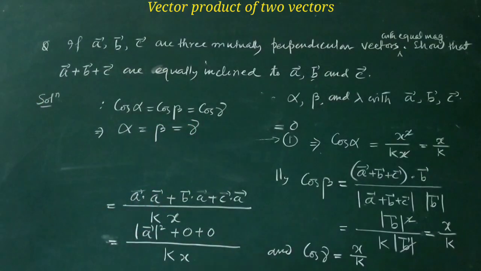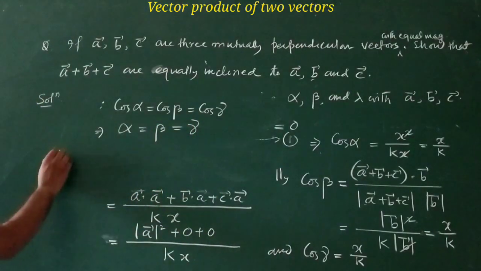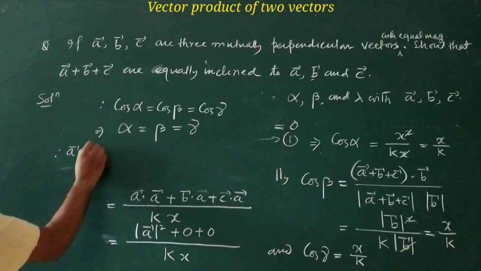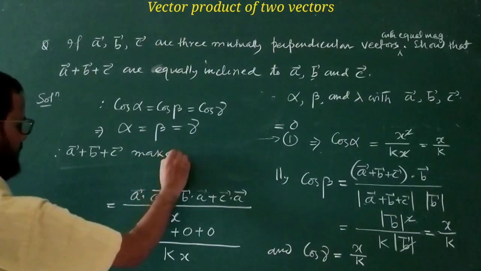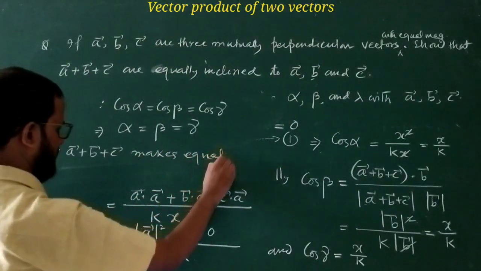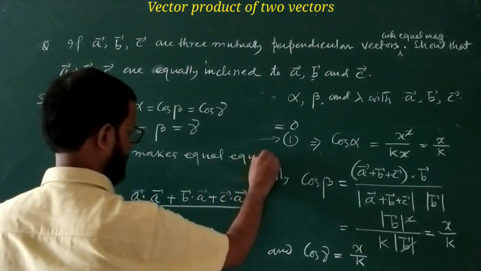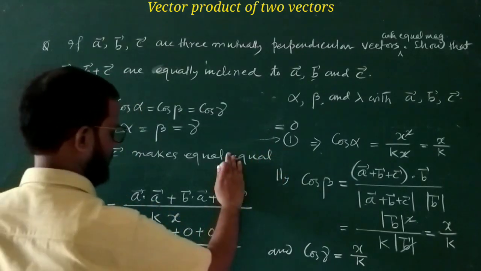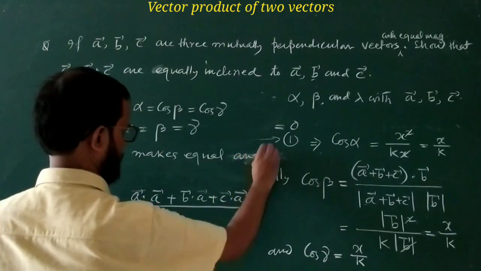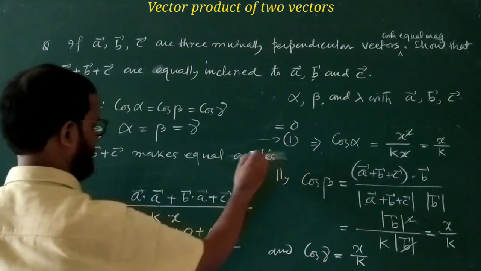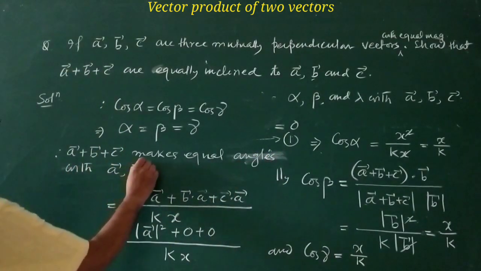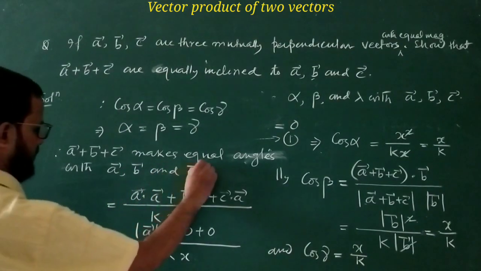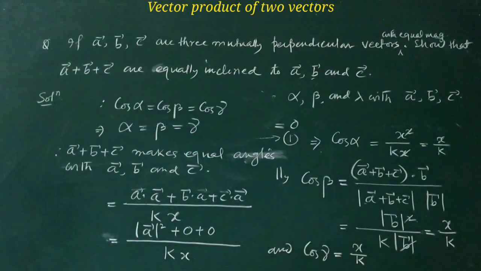Gamma. That means what happened? A vector plus b vector plus c vector makes equal angles with A vector, B vector and C vector. This is the final statement.